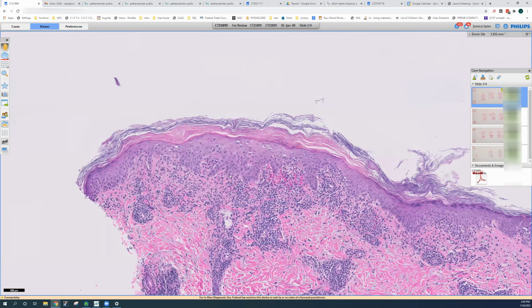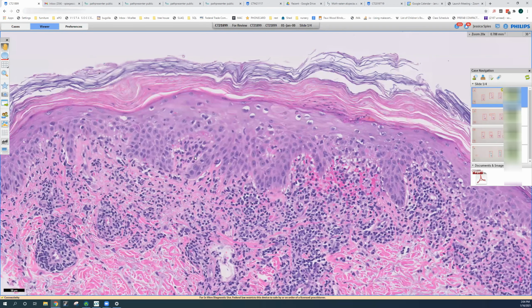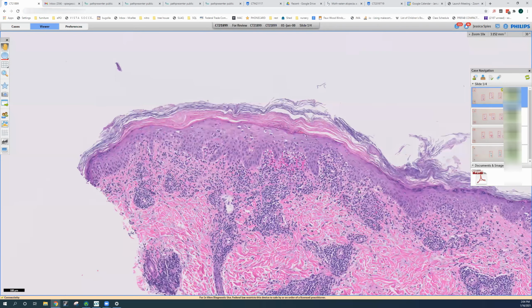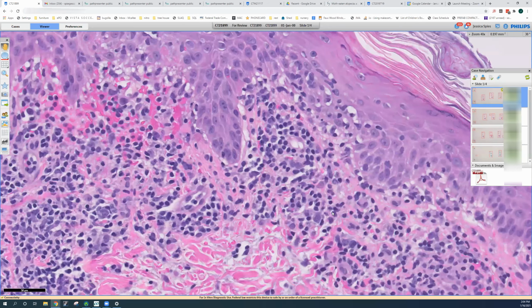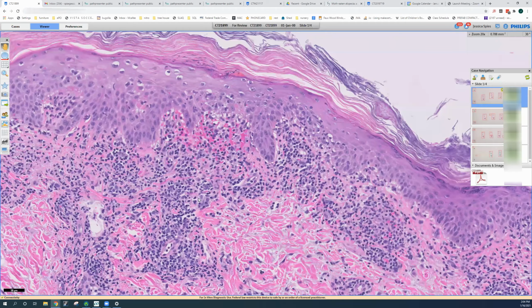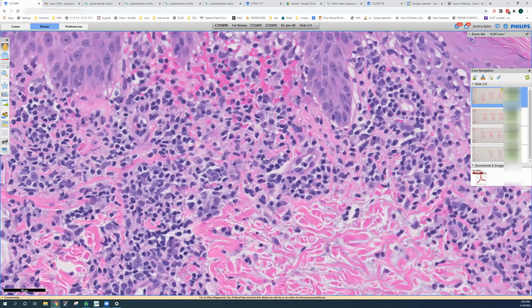And then you've got a lichenoid interface reaction with some dead and dying keratinocytes here, a band-like infiltrate of lymphocytes. There should be no eosinophils. If you find eosinophils, think about another diagnosis.